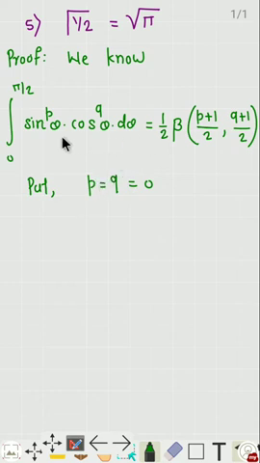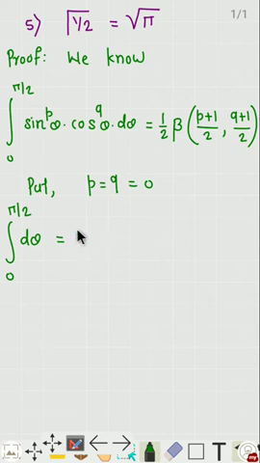So on the left hand side what we get is integration over 0 to pi by 2. If I put p and q 0, the value of sin raised to p theta cos raised to q theta is 1, and therefore the left hand side is integration over 0 to pi by 2 d theta.